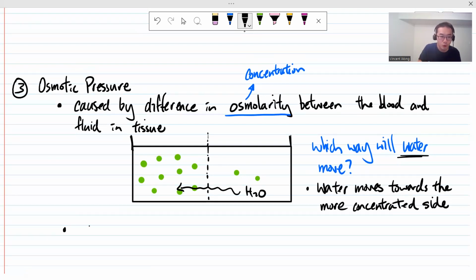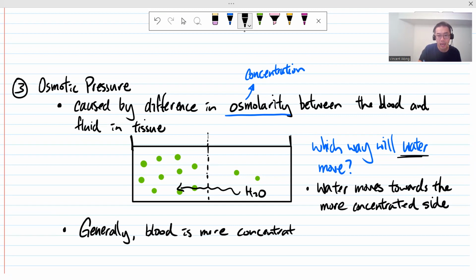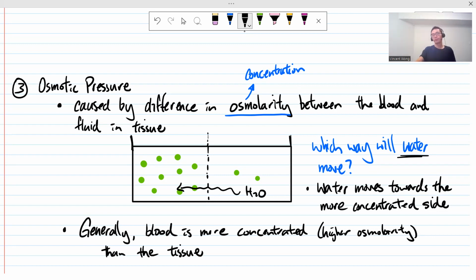So generally, blood is more concentrated, higher osmolarity, than the tissue. Okay? That's generally true.